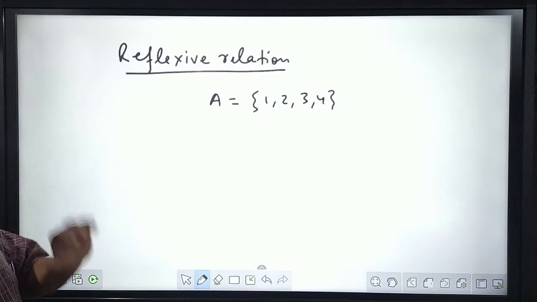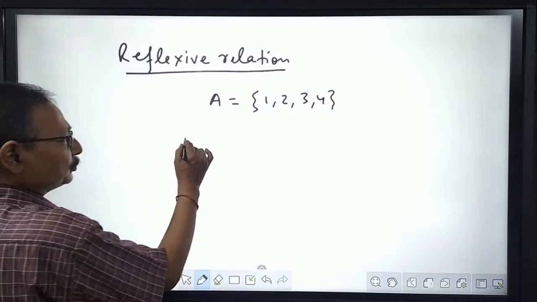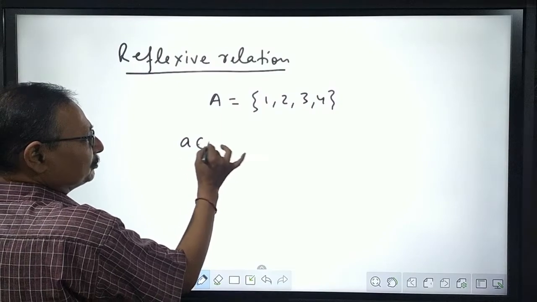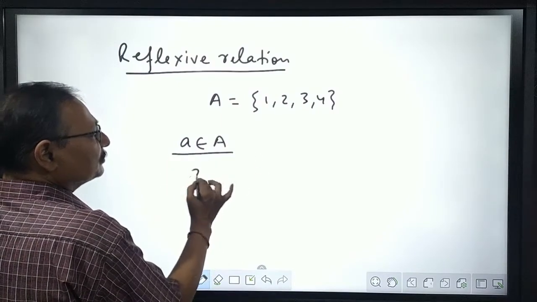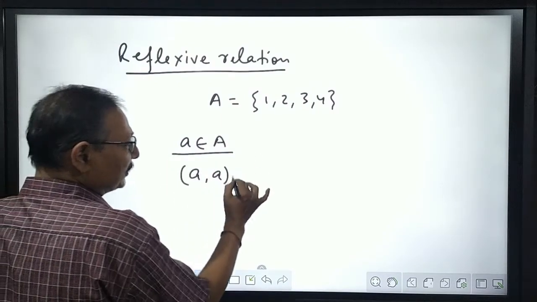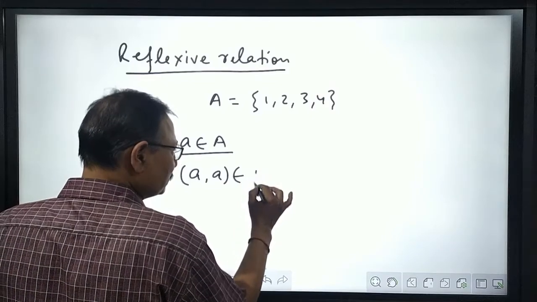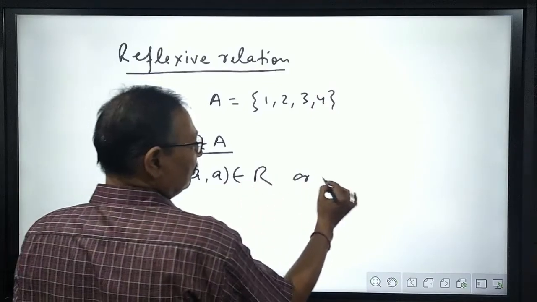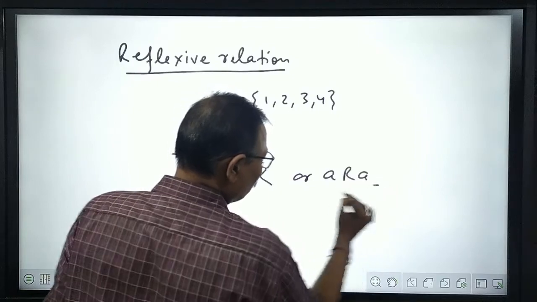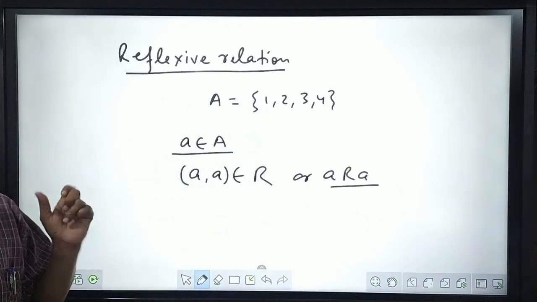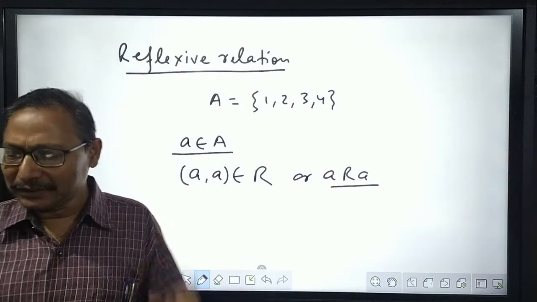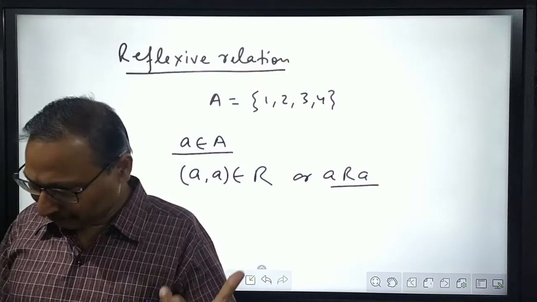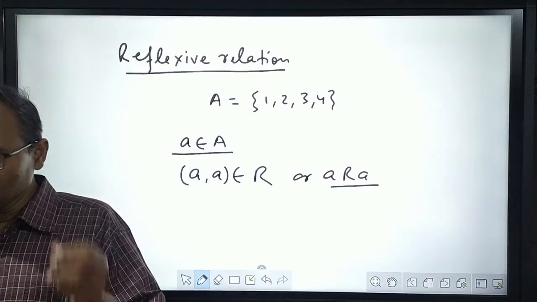Then we say that this is a reflexive relation. That means we have to show that any element belonging to set A is self paired. Self paired can be shown as this or as this. When we show this, we say that this relation is reflexive. Otherwise, this relation won't be reflexive.